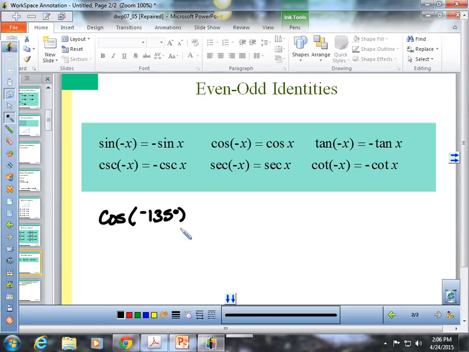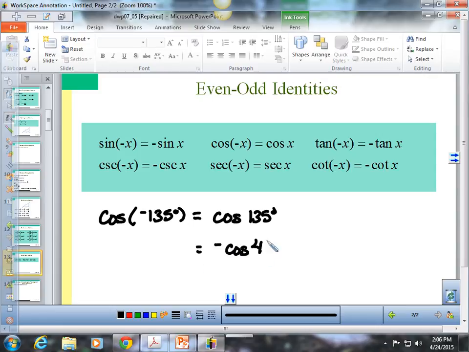I just need to look at cosine and say, okay, cosine, is that one of my evens or is that one of my odds? Is it symmetric about the origin or is it symmetric about the y-axis? Symmetric about the y-axis. It's an even function. So the cosine of a negative angle is just the same as the cosine of its absolute value. And now I can say, okay, well, that's in quadrant 2, where cosine is negative.